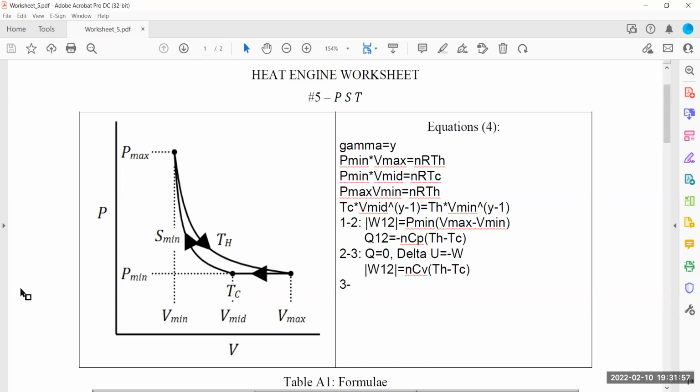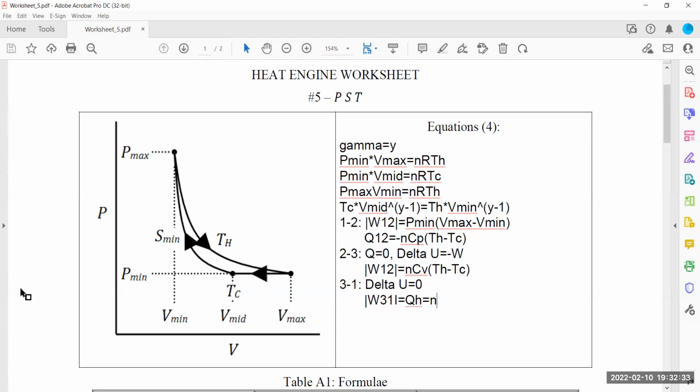The last stage in here, which is 3 to 1, back to the starting point, is going to give me, this is an isothermal, so delta U is equal to 0. And in this case, W from 3 to 1 is equal to QH, Q hot, okay?